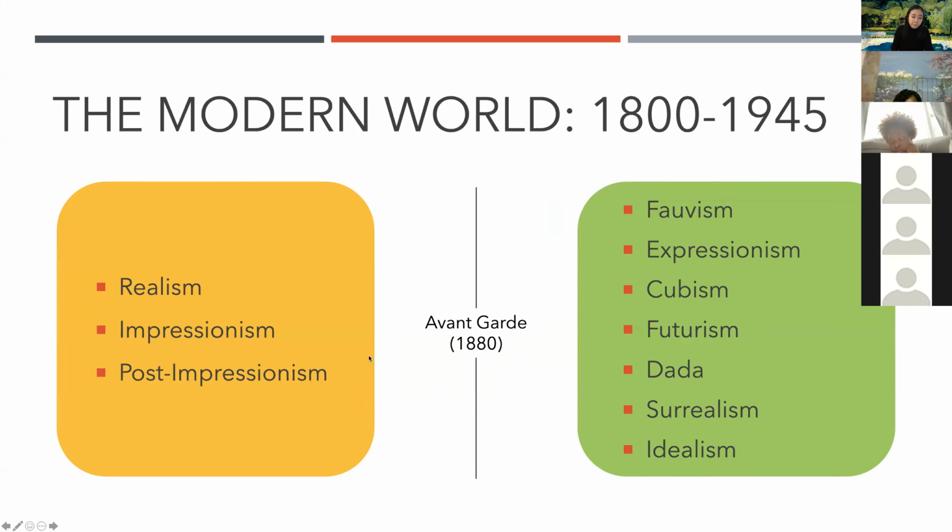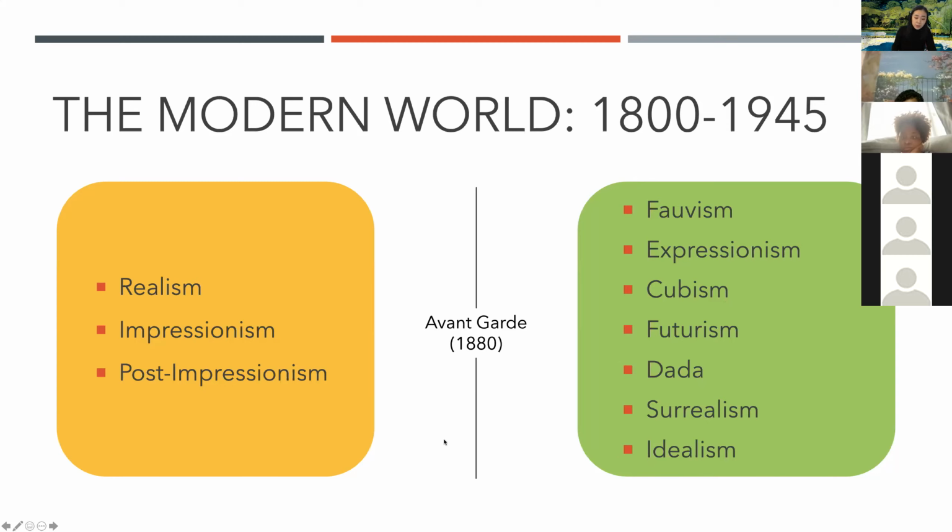So before the avant-garde, there were three major art movements: realism, impressionism, and post-impressionism. And after the avant-garde, diverse art movements arose: Fauvism, Expressionism, Cubism, Futurism, Dada, Surrealism, and Idealism.